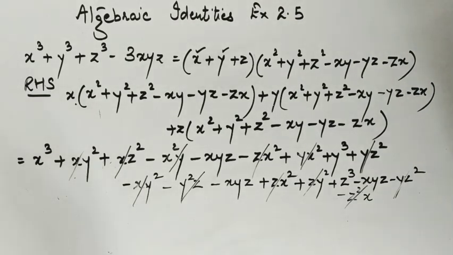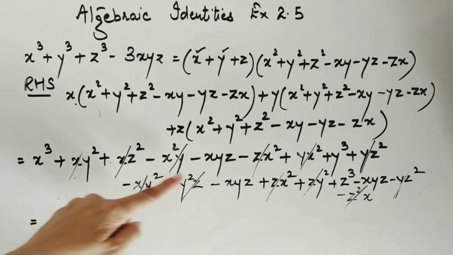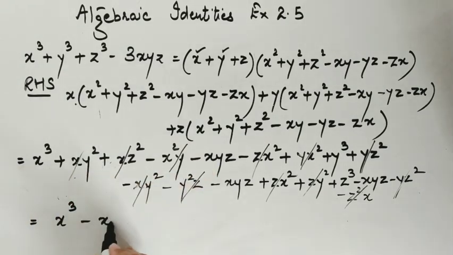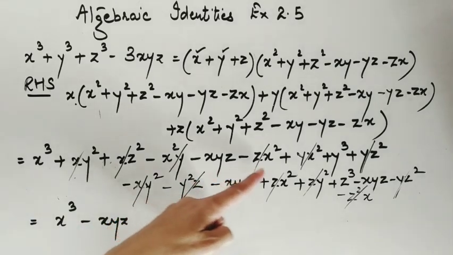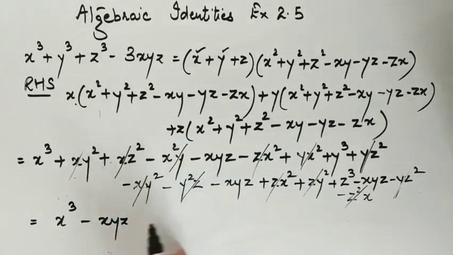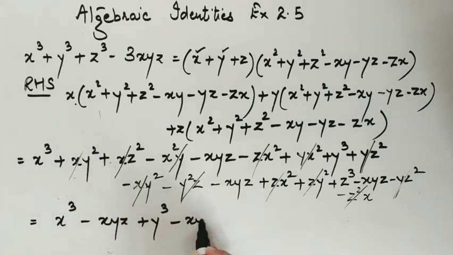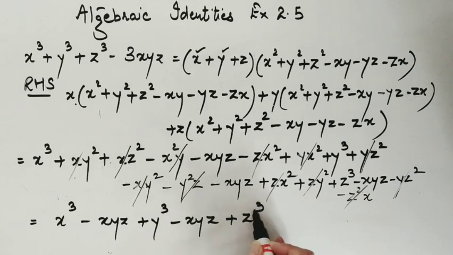So finally we are left with the terms x cube minus xyz from here, then it's y cube, then one more xyz plus z cube and xyz.